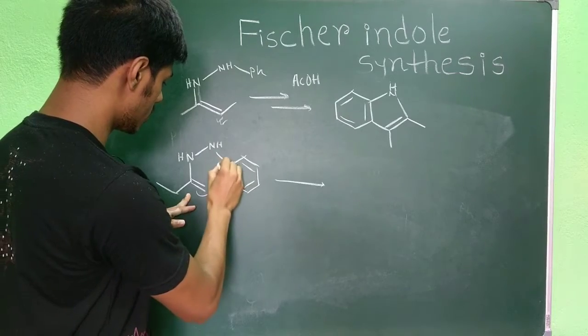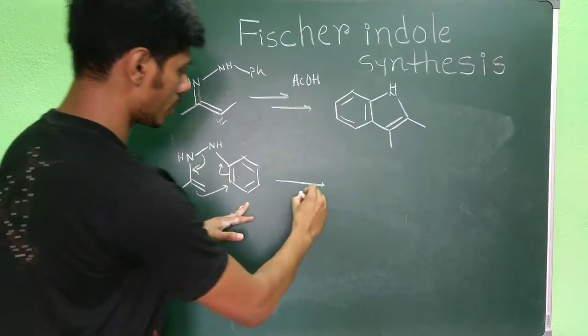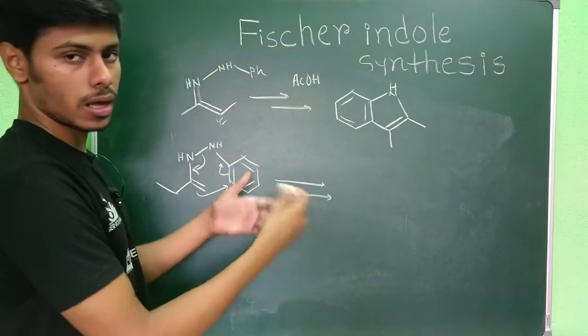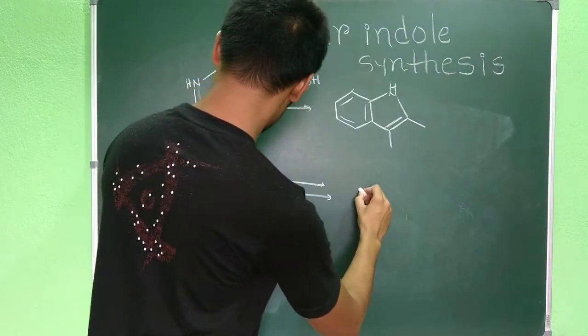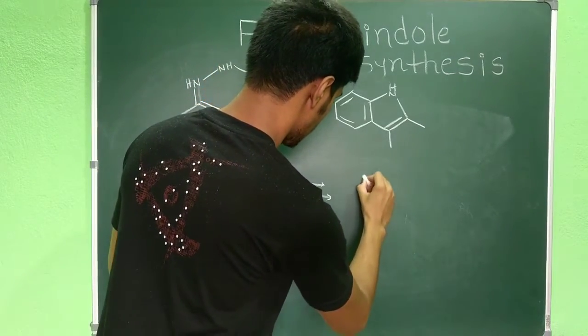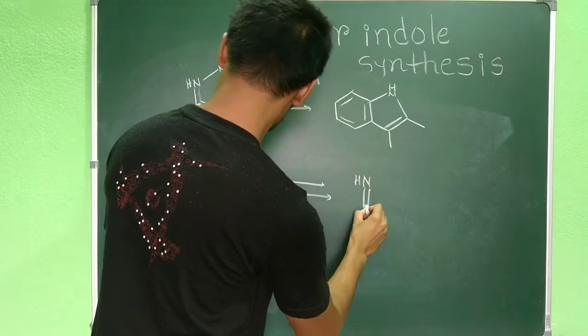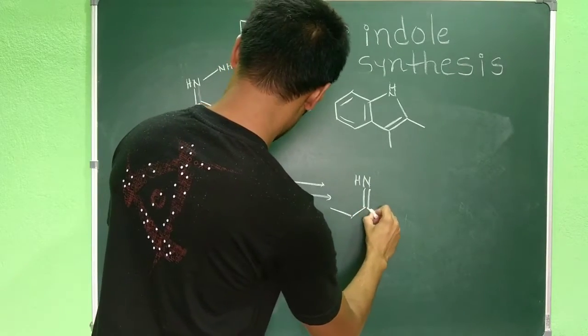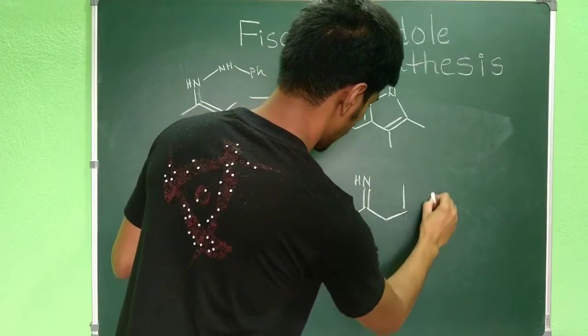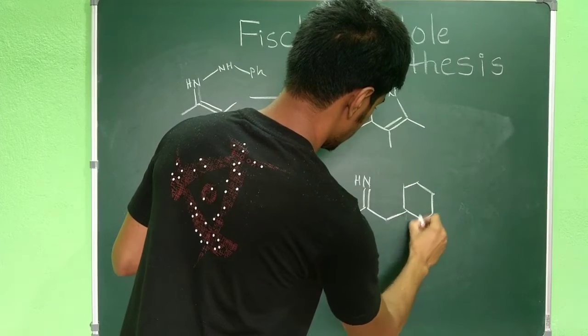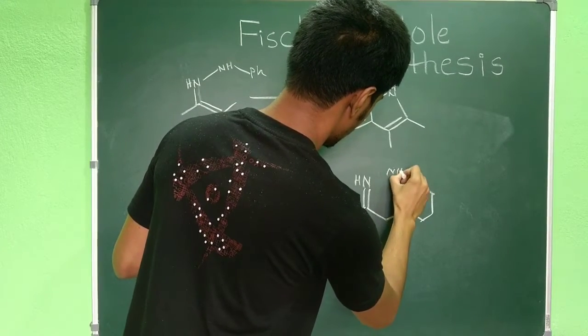So this step is the 3,3 sigmatropic rearrangement, and after some steps, what you will get is this NH over here. Here you have this, and here you will have this aniline moiety.